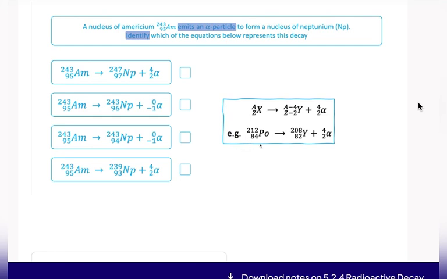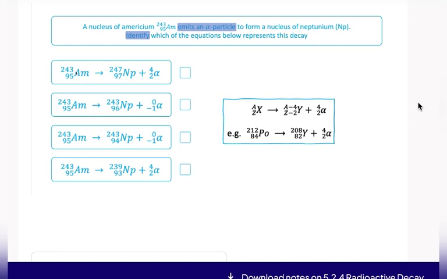So here's an example. Here's polonium, and it's decaying into something. It doesn't matter what it is, but you'll see that 208 plus 4 gives me 212. That's important because it means that my mass is being conserved. Similarly with the proton number, 82 plus 2 gives me 84.